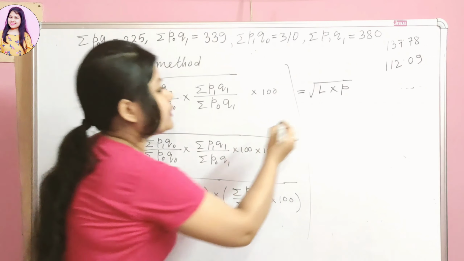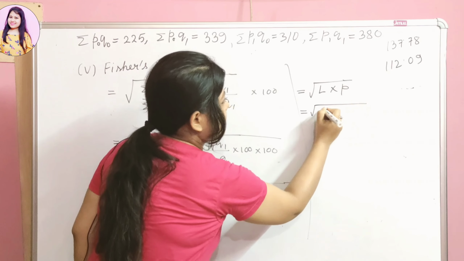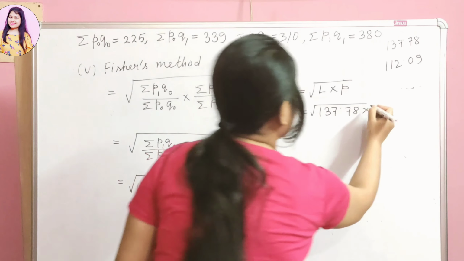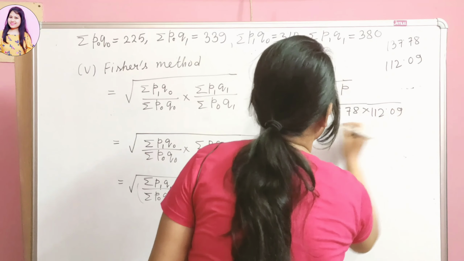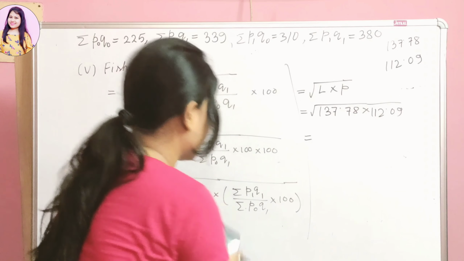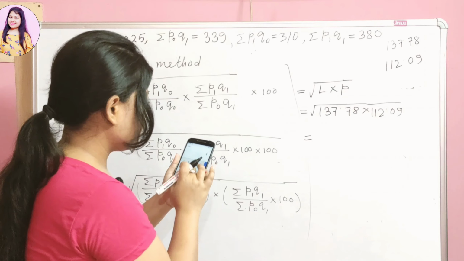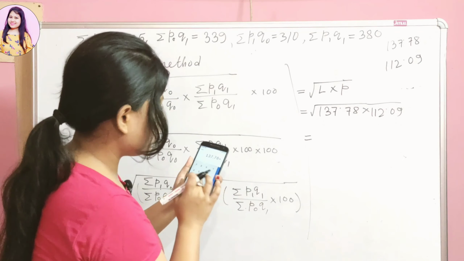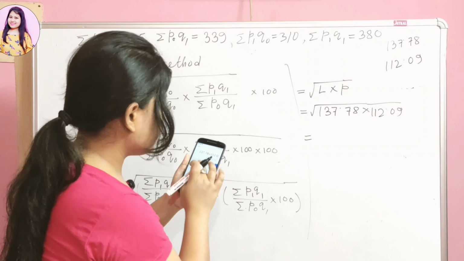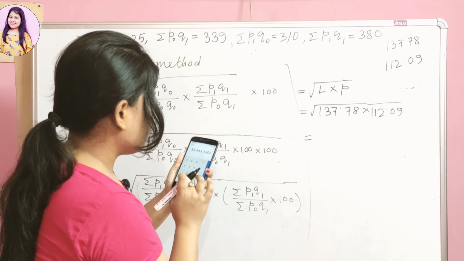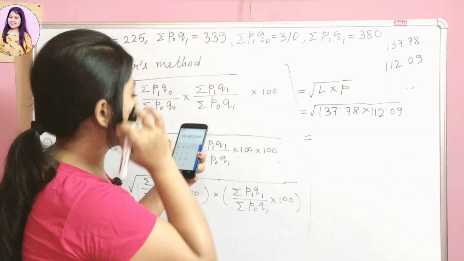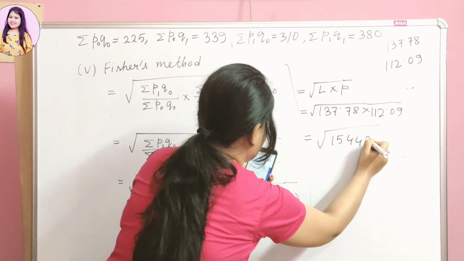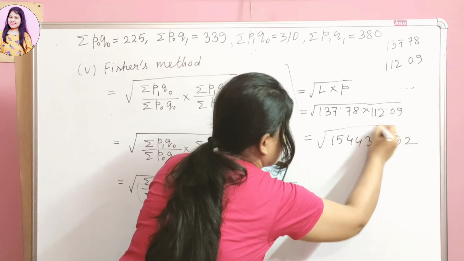Now we can directly substitute these values here, 137.78 into 112.09. Now we will find out these values. 137.78 into 112.09, and this value is 15443.7602.